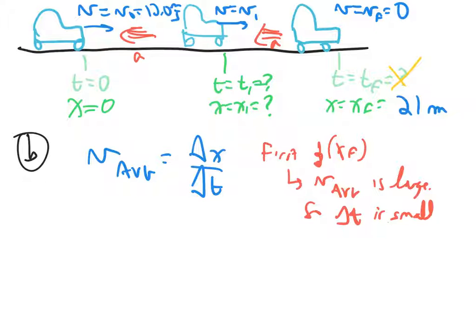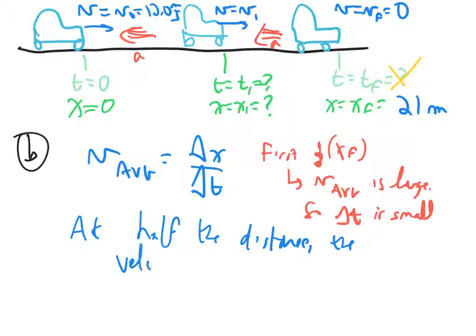So the final thing is that, to be strictly true, what I really should say is at half the distance, the velocity is closer to 12. That is, the velocity is greater than 6.